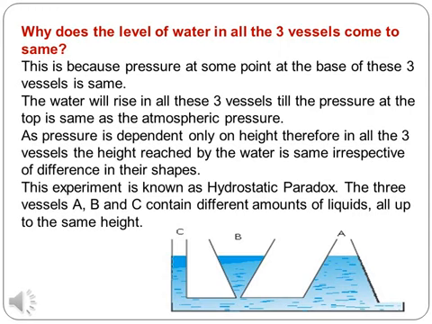As pressure is dependent only on height, therefore in all the three vessels the height reached by the water is same, which is irrespective of difference in their shapes. This experiment is known as hydrostatic paradox. The three vessels A, B and C contain different amounts of liquid, all up to the same height.